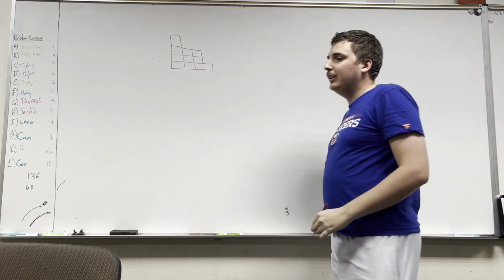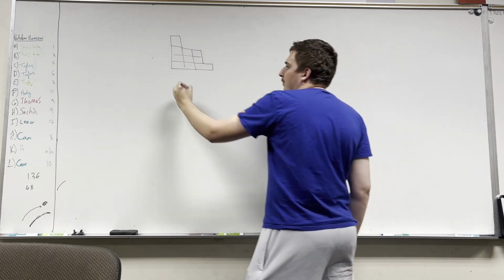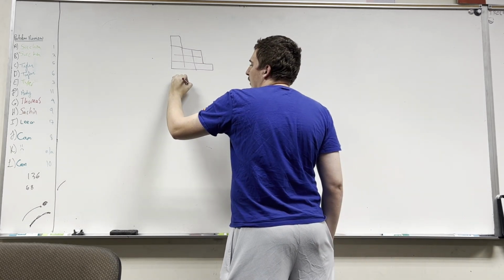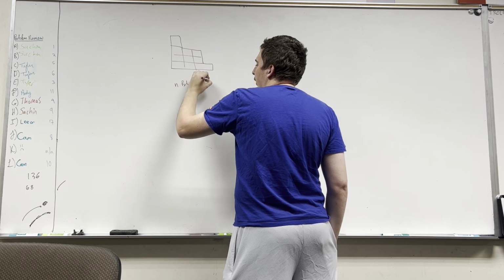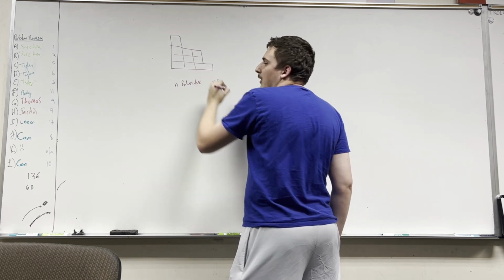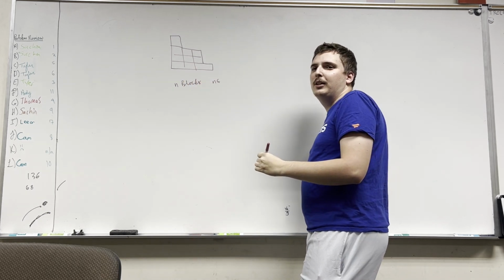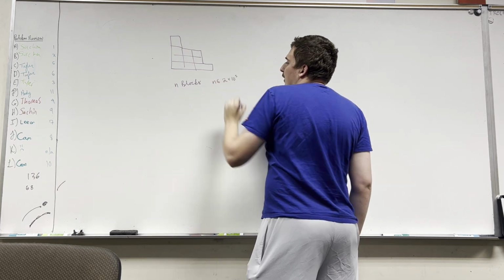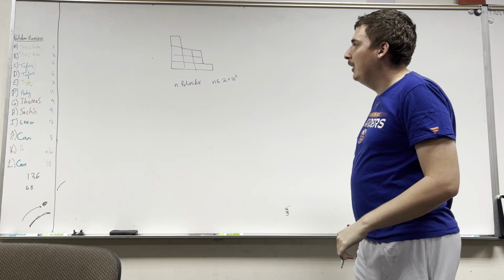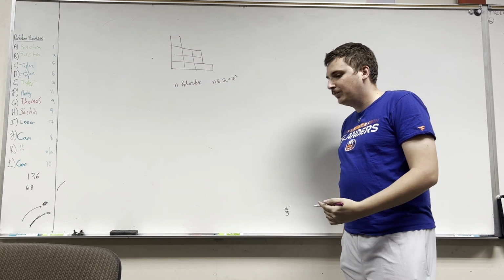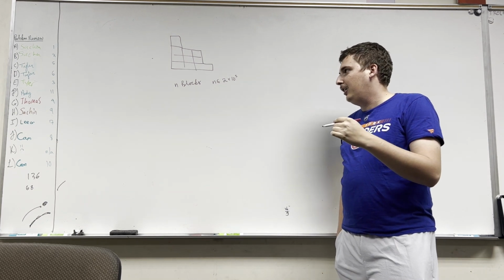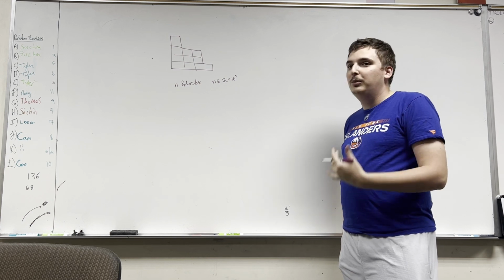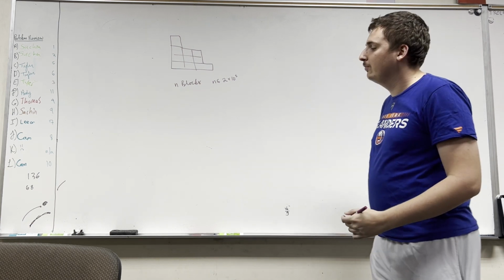So if we're given n total blocks, where n is up to 2 times 10 to the 5th, we want to count the number of ways of making some symmetric staircase with n blocks.